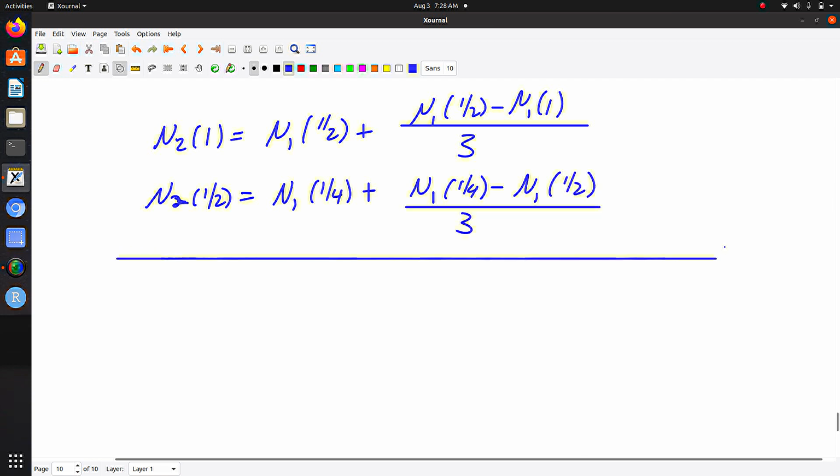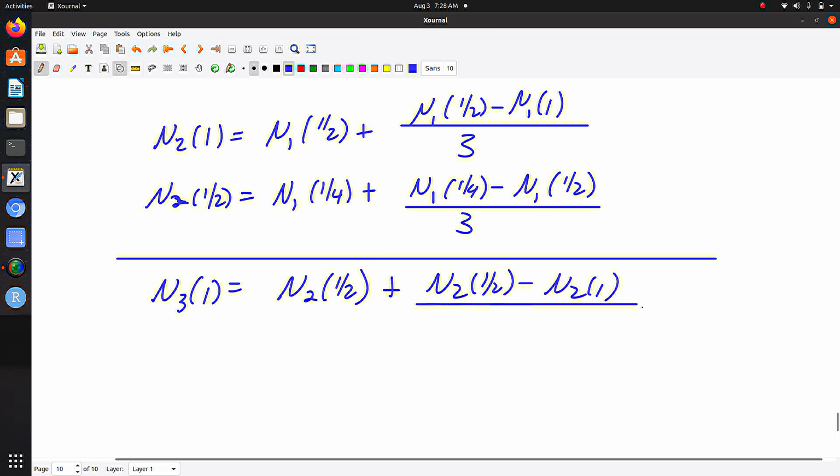Now, since we started with 3 n1s, we get 2 n2s, and we get 1 n3. So finally, n3 is n2 of 1/2 plus n2 of 1/2 minus n2 of 1, all over 15. Okay? So we can try this.